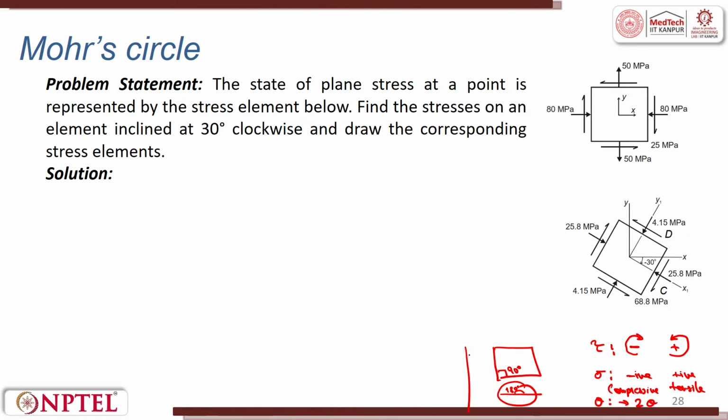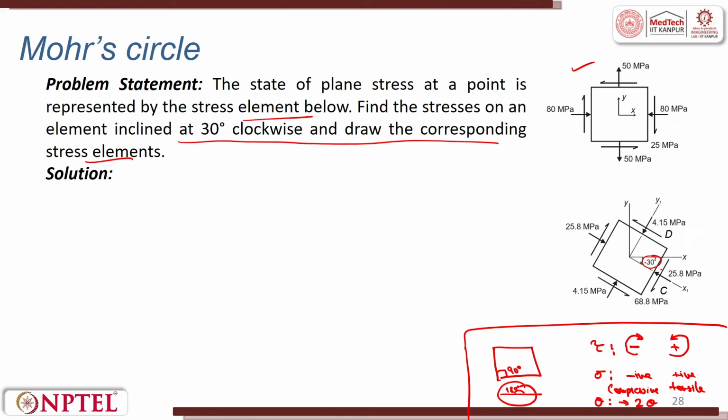Now, taking all these rules or principles of the Mohr circle, let us try to solve this problem statement and understand how we draw the Mohr circle. They say the state of plane stress at a point is represented by the stress element below. Find the stresses on an element inclined at 30 degree clockwise and draw the corresponding stress elements. This angle is 30 degree, you can see here, and we need to find the stresses.